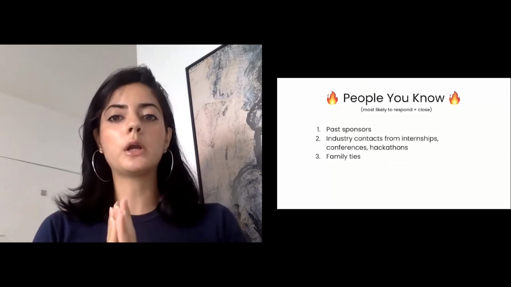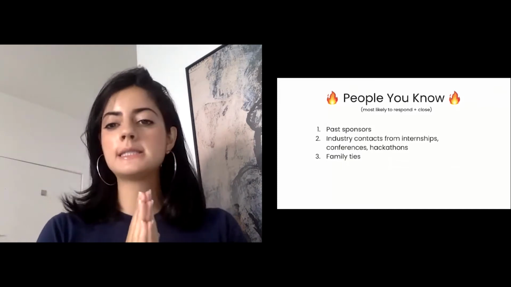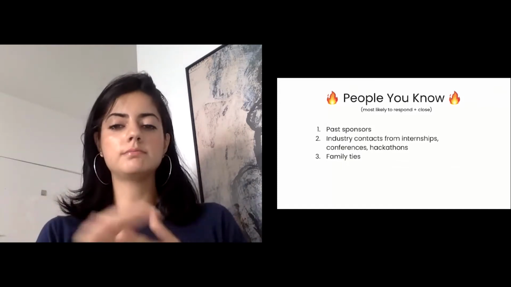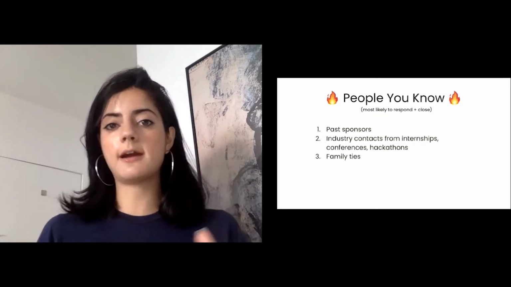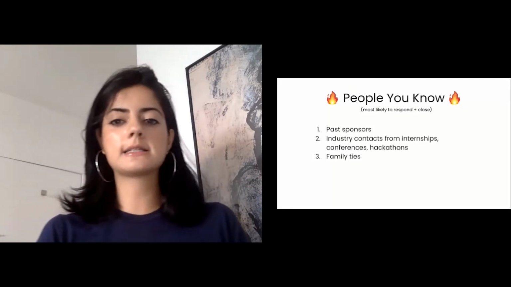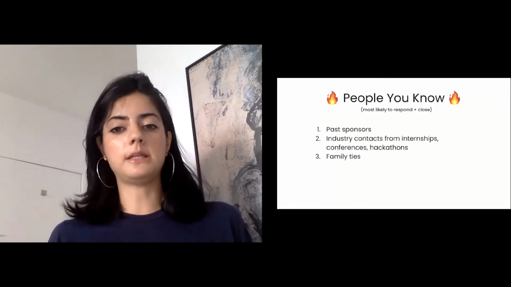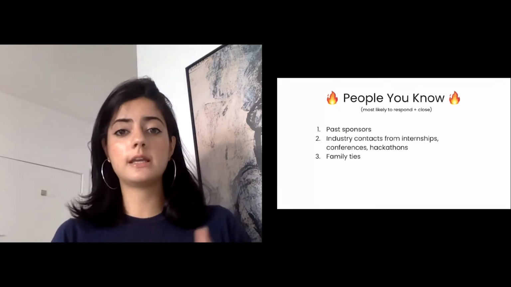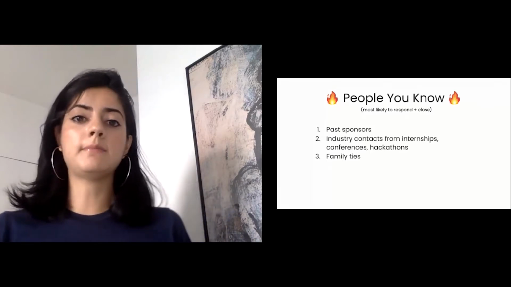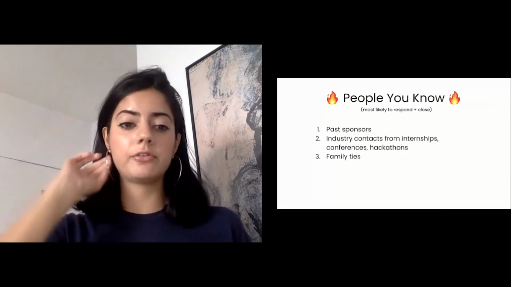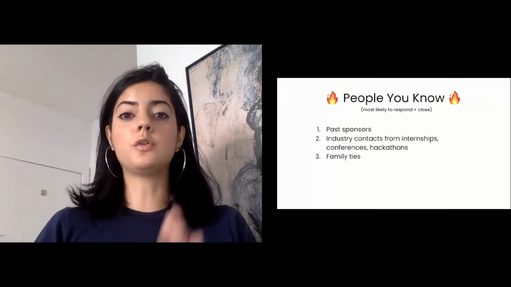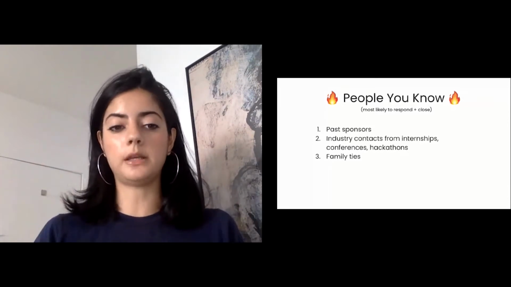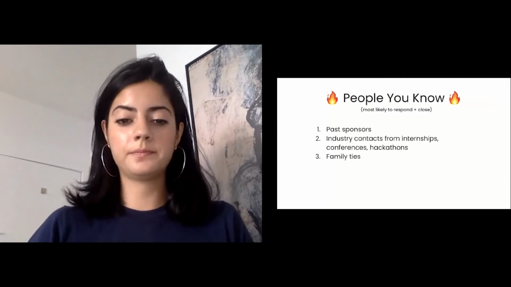People you know include sponsors from past events that you organized or maybe you attended and you met them there, industry contacts, and finally those family ties, right? So you might have a relative who works in the industry and can make a warm introduction on your behalf to the person maybe in their company who is the right person to talk to.